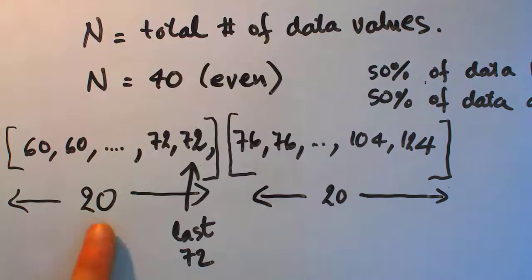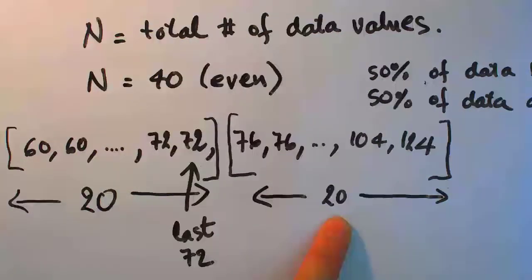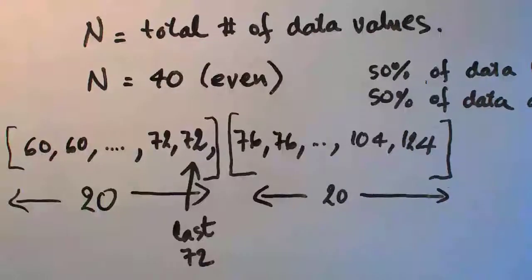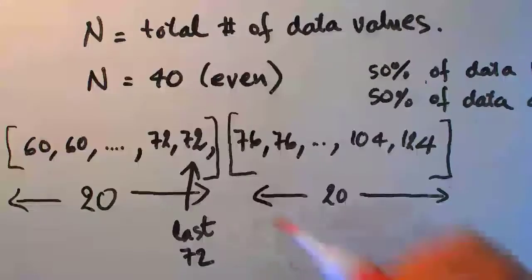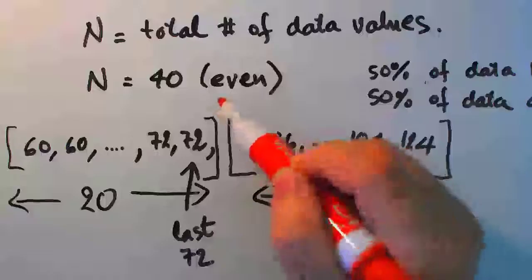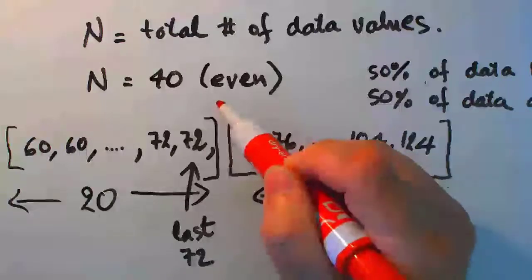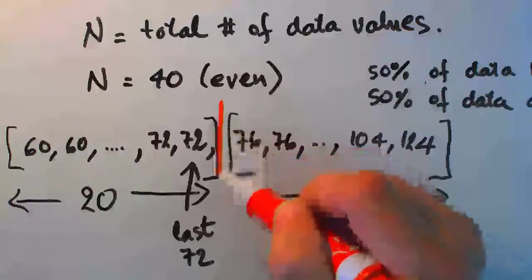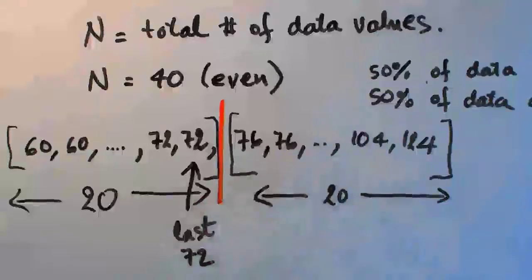So that's 50% of the data falling below some cut, and this is the other 50% of the data of data 1 falling above that cut. Now, at this point it shouldn't be that magic anymore, but the cut we're looking for needs to be somewhere right here, exactly in the middle between 72 and 76.